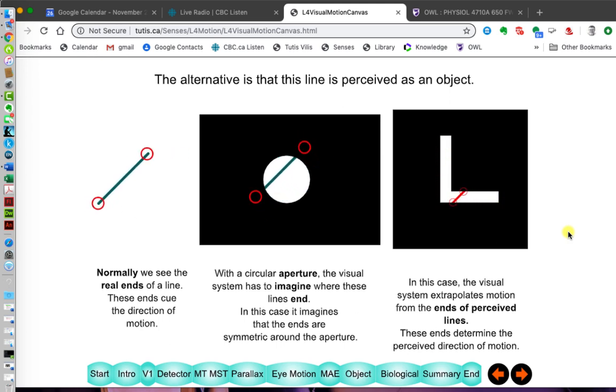So it puts the ends where they meet the black square. Here it sees the real ends of the lines, and of course then it gets its real motion. Here it assumes that the lines are, like you see here, perpendicular to the direction of motion. And over here, it again figures out the ends of the line are where it meets the object. So there's a lot of guessing to be done to figure out how a line is moving.